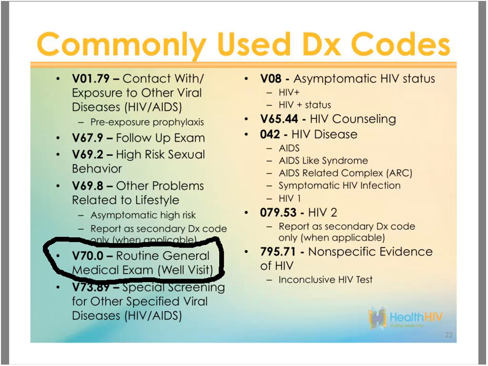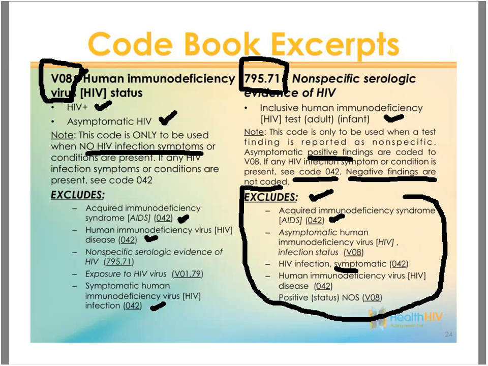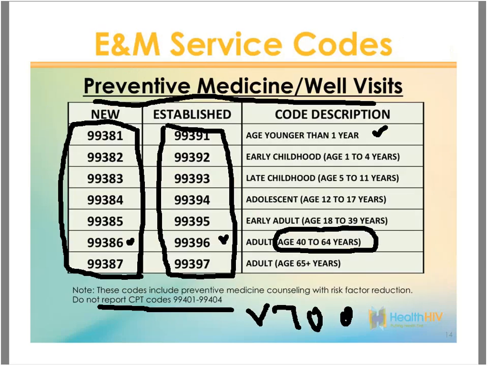So if you go back to slide 14, I believe it is. These are your preventive medicine visit E&M service codes, and typically the principal diagnosis is always going to be V70.0.